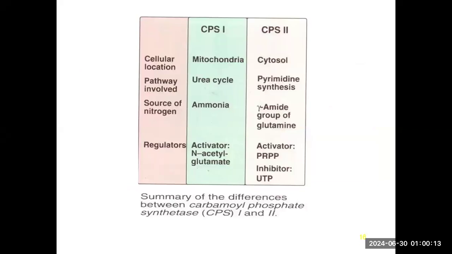This slide shows the difference between the 2 carbamoyl phosphate synthetases, that is carbamoyl phosphate synthetase 1 and carbamoyl phosphate synthetase 2. The cellular location of CPS1 is mitochondria, and for carbamoyl phosphate synthetase 2 is the cytosol.